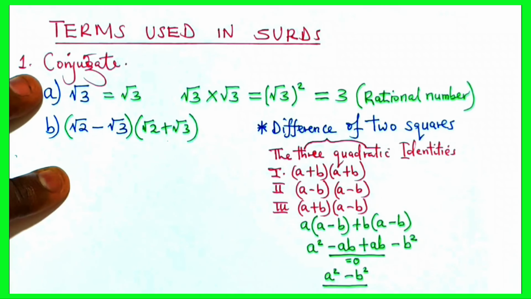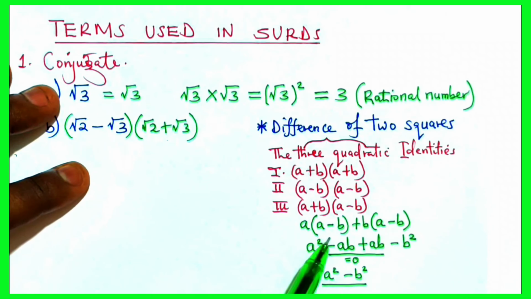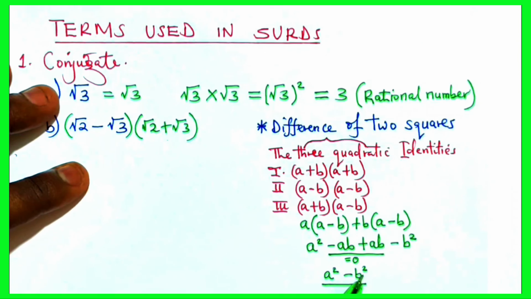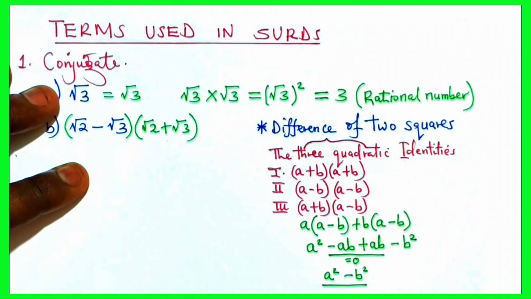So in this instance here, when we do the expansion, we are going to arrive at a squared minus b squared, and this is what we refer to as the difference of two squares.